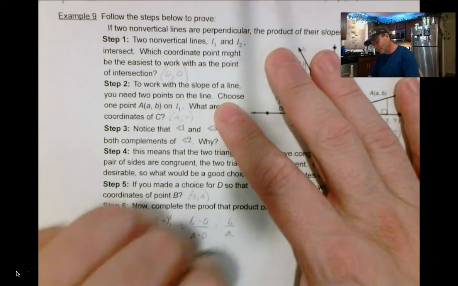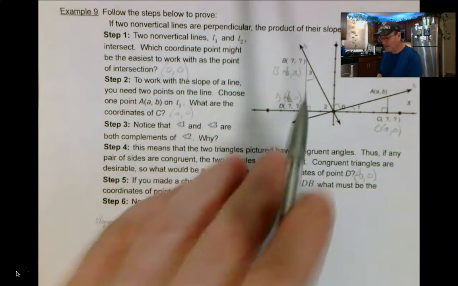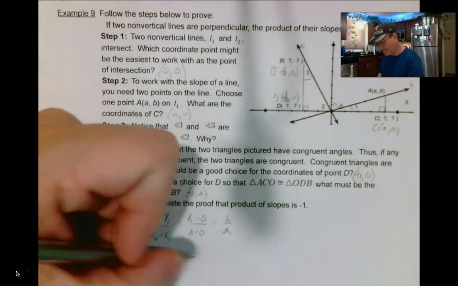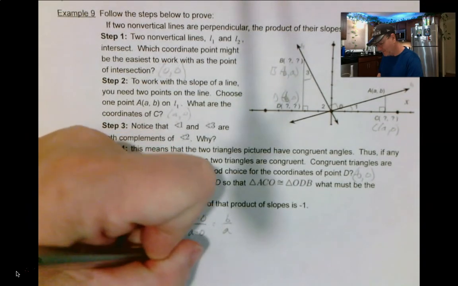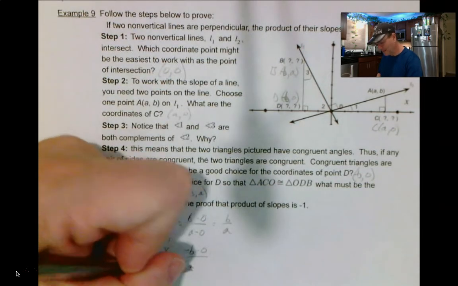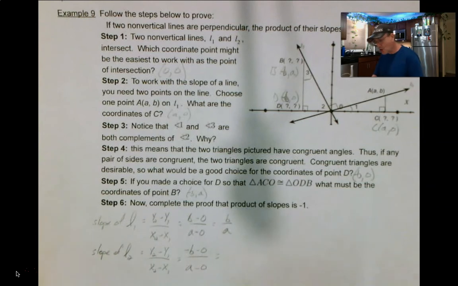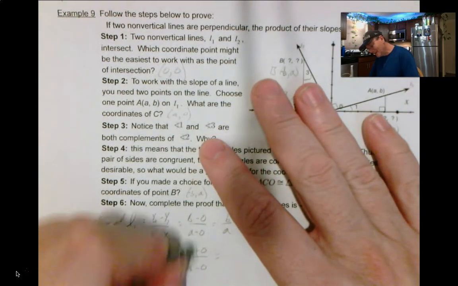That was the slope from B to D. I want to do the slope from B to O. Negative b minus 0, negative b minus 0 over a minus 0. A minus 0. Giving me, no, I did it backwards.